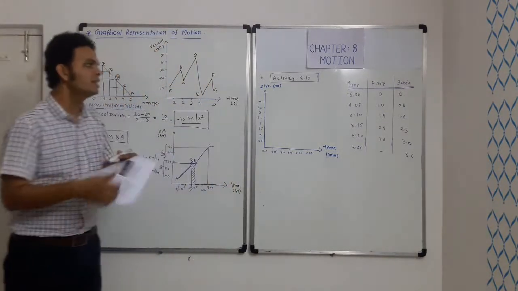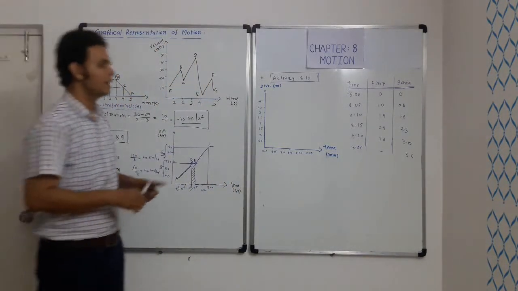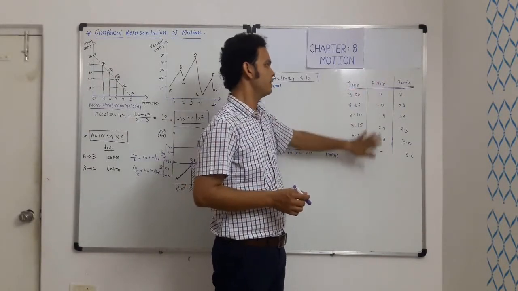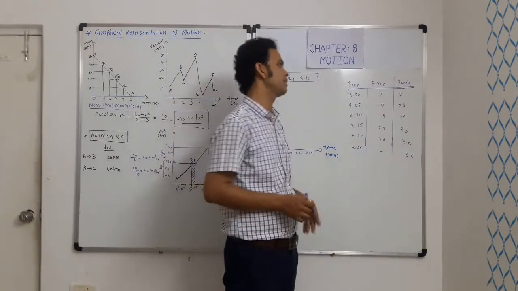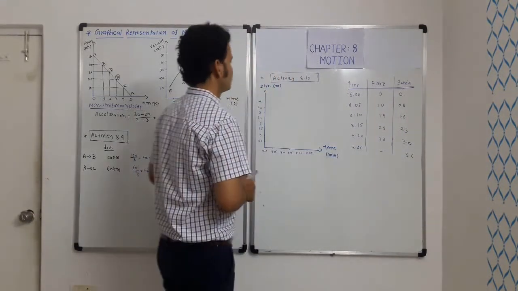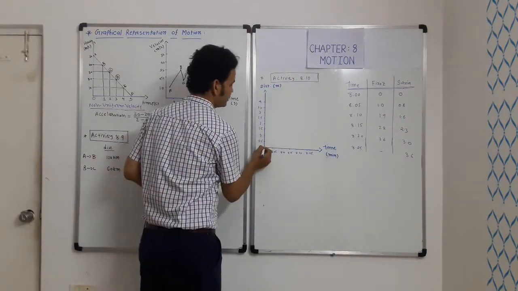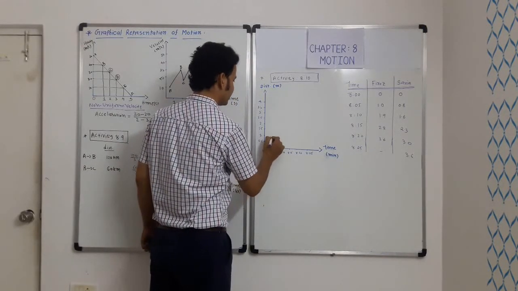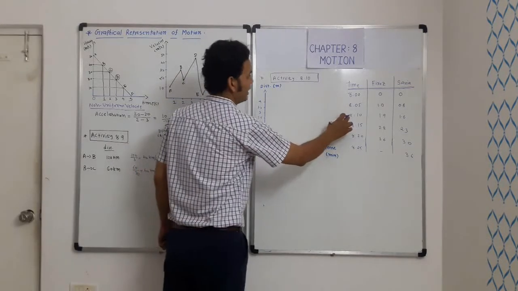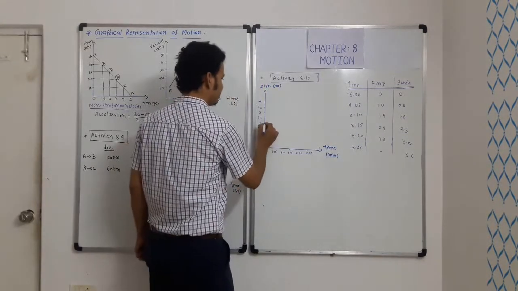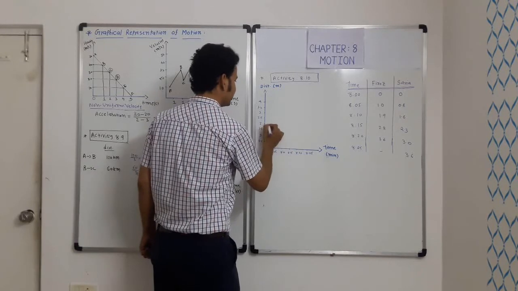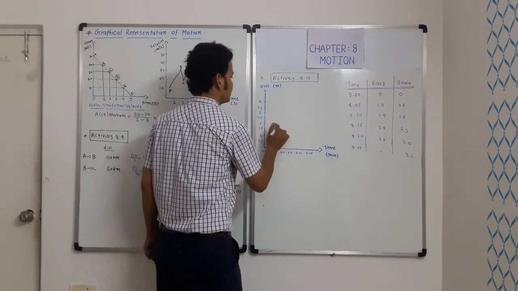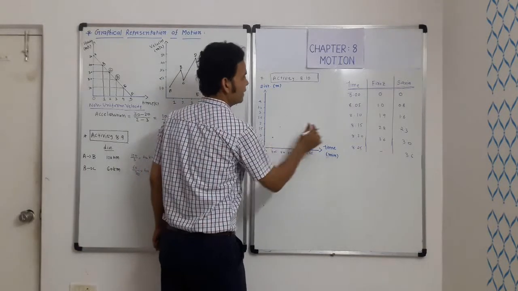So here, as I have already written on the board, the distance traveled in different times by Firoz and by Sania. So let us try to plot this. For Firoz, at 0 it is 0. At 8.5, it is 1. At 8.10 it is 1.9, which is slightly less than 2, so it is somewhere here, just below.